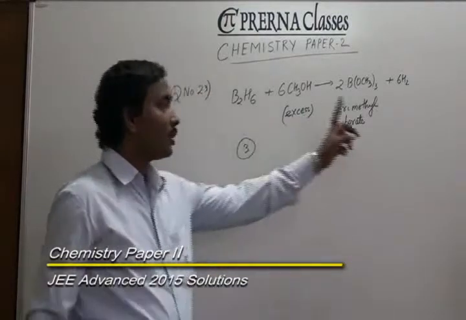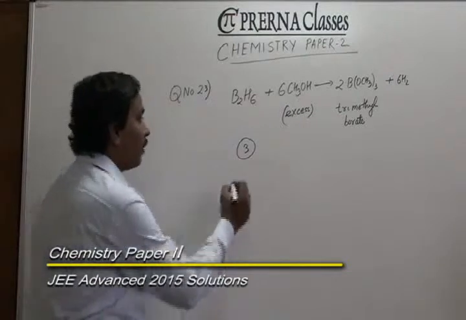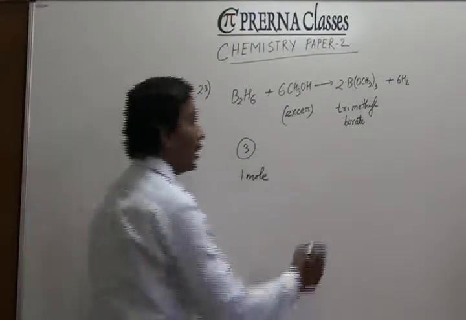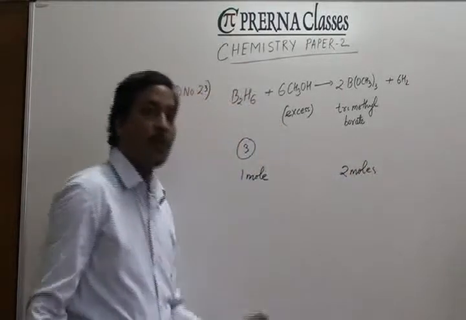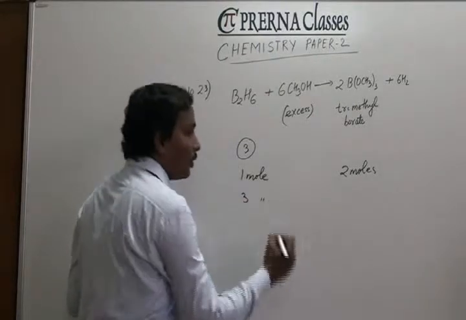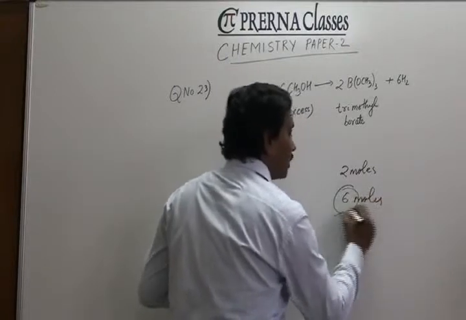Now this is the balanced reaction, and since methyl alcohol is in excess, we can say that 1 mole of B2H6 produces 2 moles of trimethyl borate. Then 3 moles will produce 6 moles. Therefore the answer is 6.